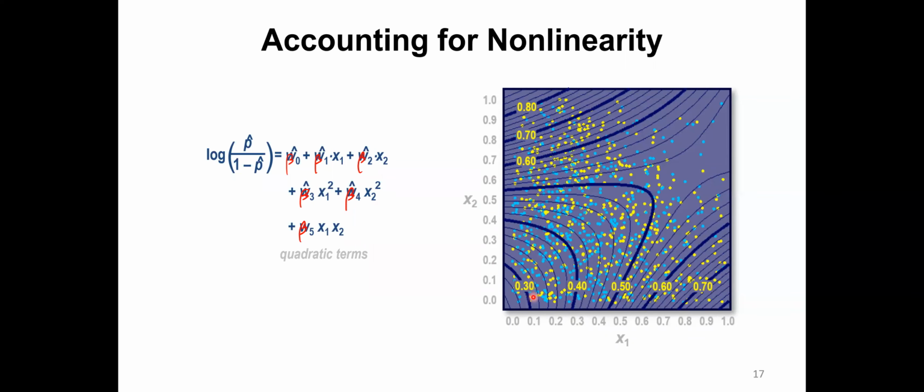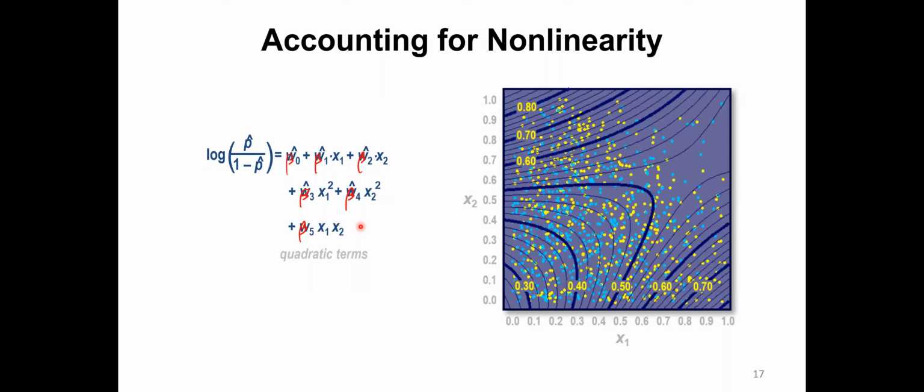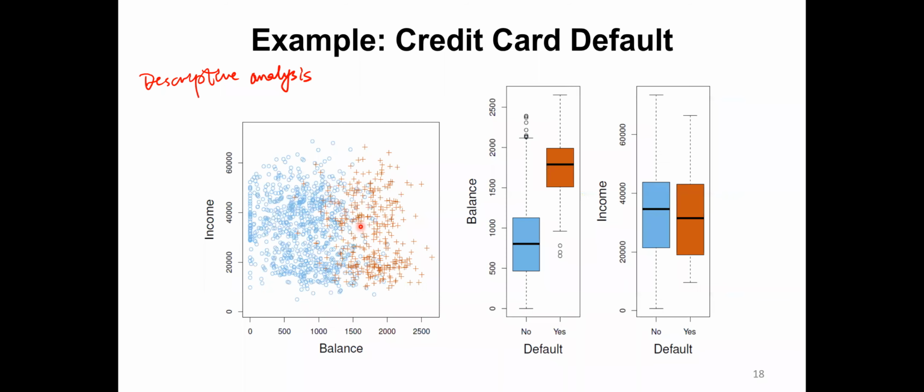So you see log odds changing this way. You can also increase in this direction. So accounting for nonlinearity in logistic regression, you can add the quadratic terms. This one is only the linear hyperplane, but if you add a quadratic term, you can add a little bit of nonlinearity in the model.